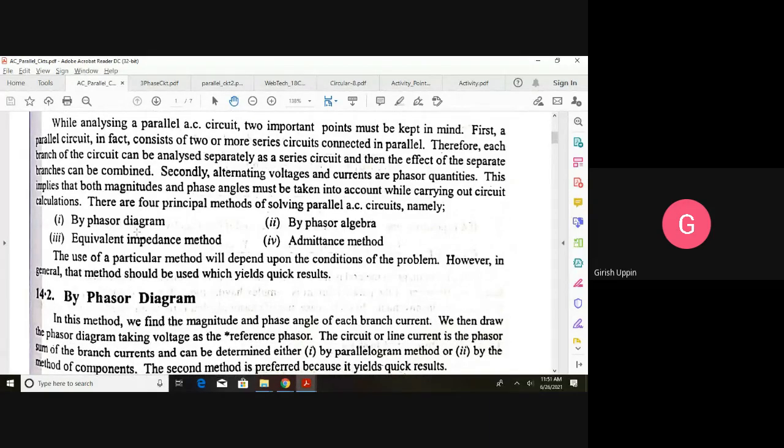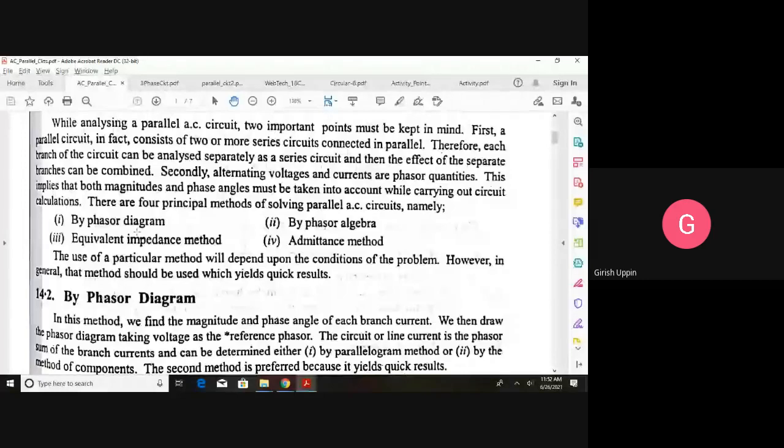You are already aware, we looked into how we can draw the phasor diagram for the applied voltage and the resulting current. In case of a pure resistance, voltage and current are in phase. In a pure inductance, current lags the voltage by 90 degrees. In a pure capacitance, current leads the voltage by 90 degrees.